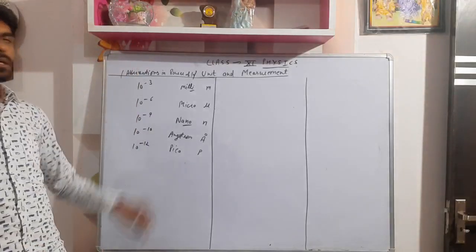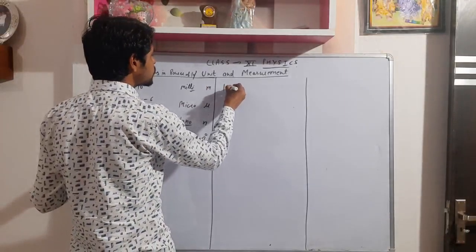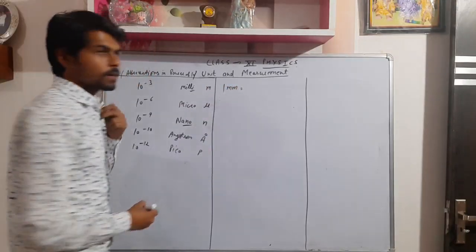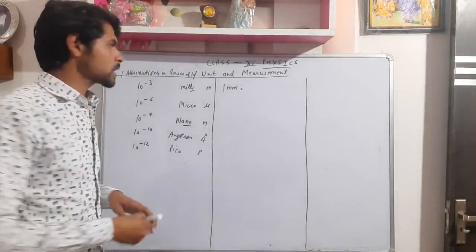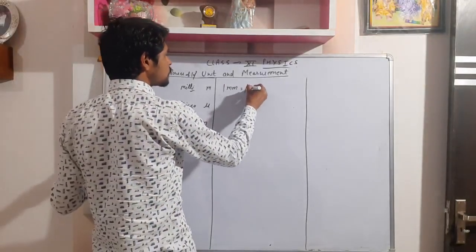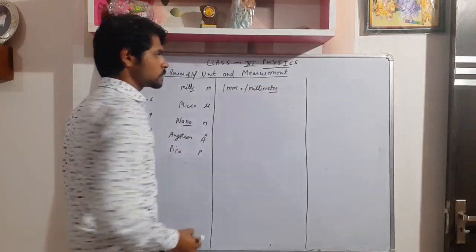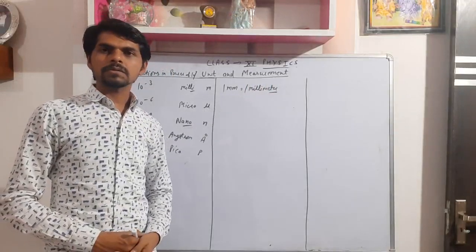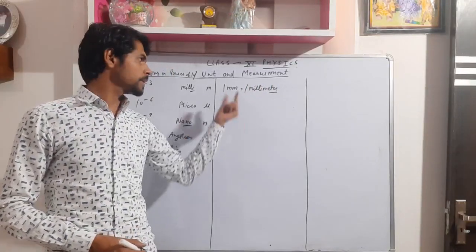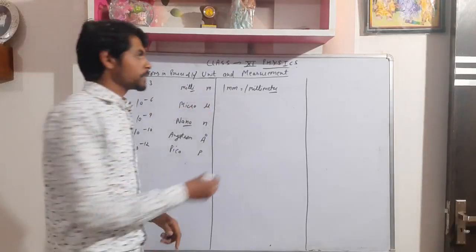So how is it used now? If 1 millimeter is written, actually the meaning of this is 1 milli meter. As we know, the value of 1 milli is 10 to the power minus 3.